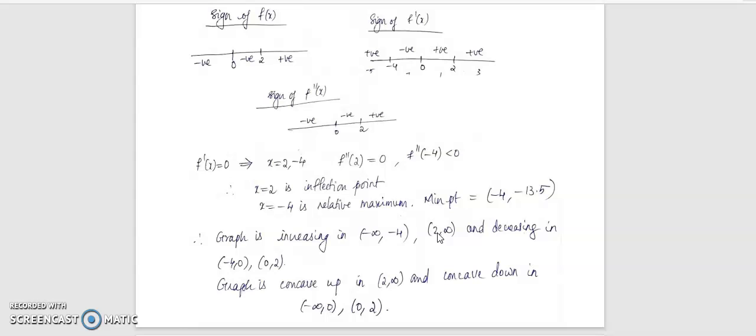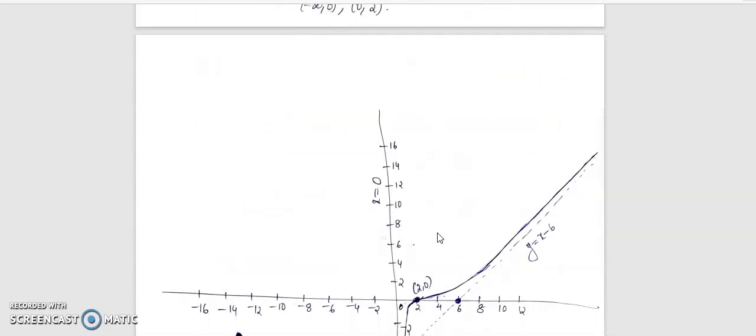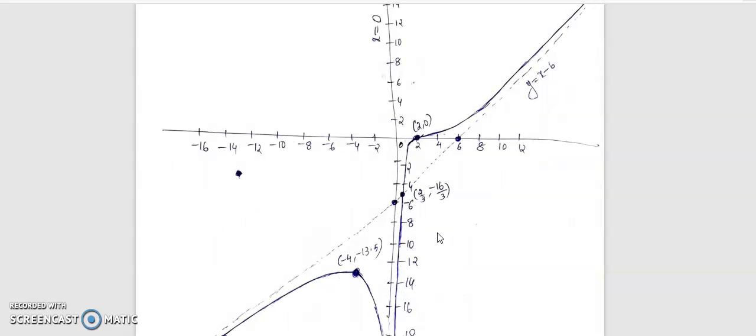So let us now plot the graph. Okay, so നമുക്ക് crossing ഉണ്ട്. അപ്പോൾ ആദ്യം asymptote വരയ്ക്കുക. Asymptote is y equal to x minus 6. y equal to x minus 6 x ആക്സിസിനെയും y ആക്സിസിനെയും intersect ചെയ്യുന്ന points എന്ന് പറയുന്നത് 6, 0യും 0, minus 6 ആണ്.